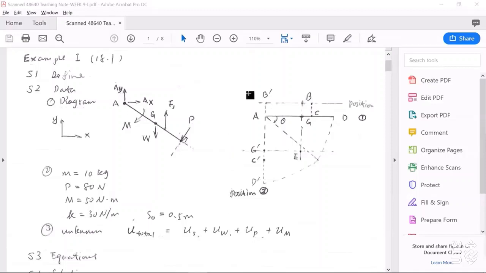So for example, in this problem, we have an initial position. We can define it as position 1 when this bar is horizontal. We can define another position, position 2. At this position, the bar is vertical.